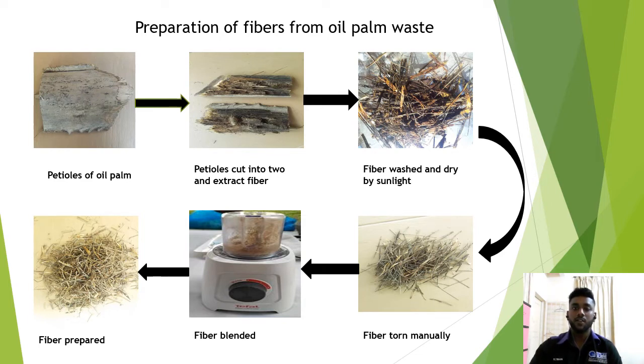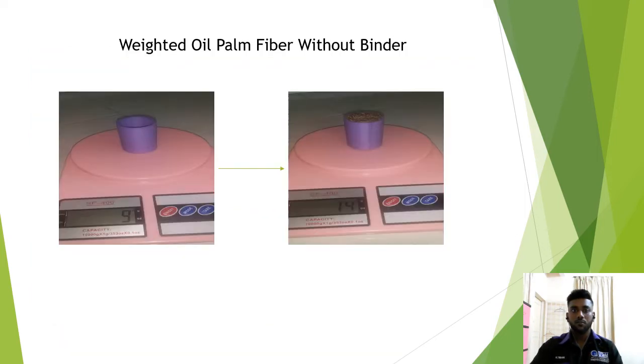After blending, we need to remove the waste part, like dust from the fiber, to continue to the second part. For this part, weighing oil palm fiber without binder, we use a digital weighing scale to find out the mass of natural fiber.